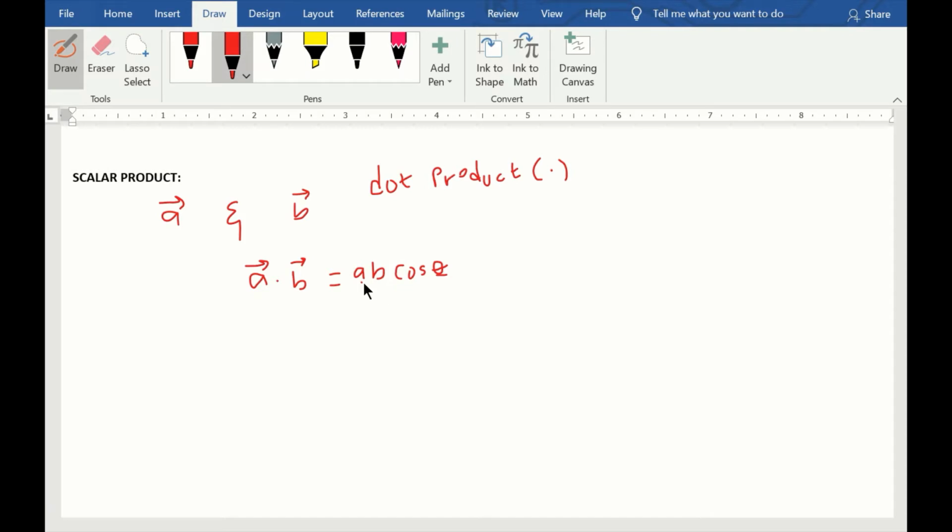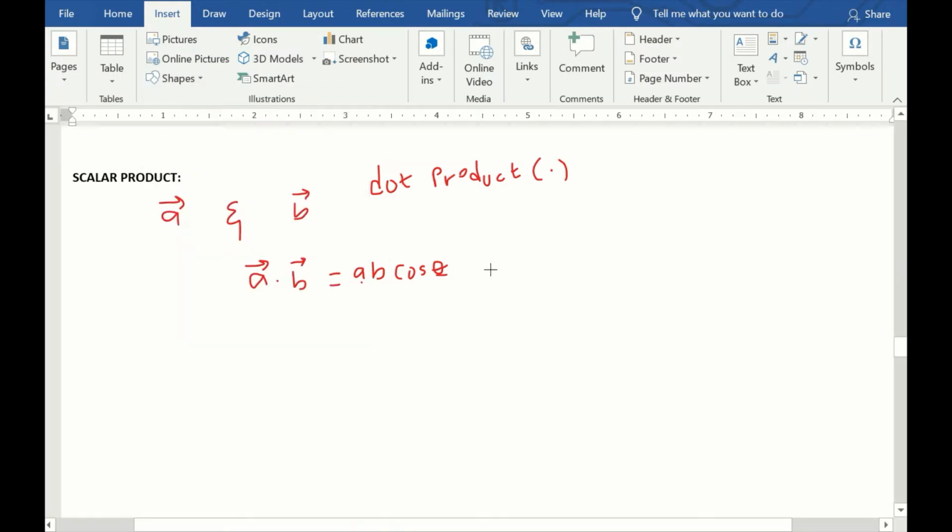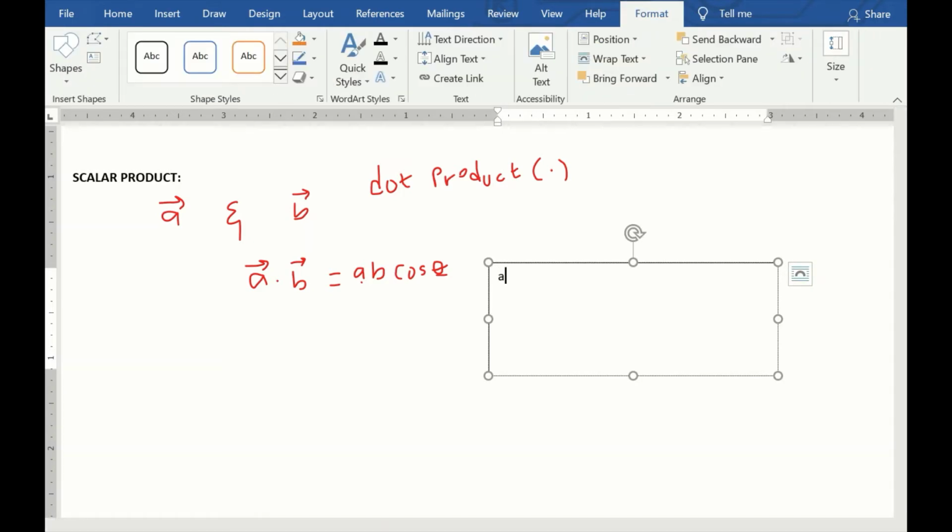So, A is the magnitude of vector A, while B is the magnitude of vector B. Let me give us in our little note form: A is the magnitude of vector A, B is the magnitude of vector B, and theta is the angle between the two vectors.